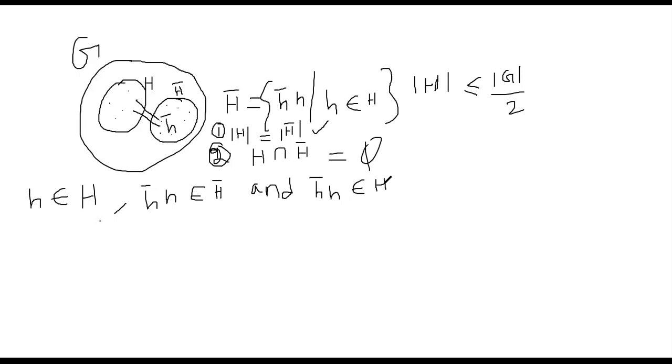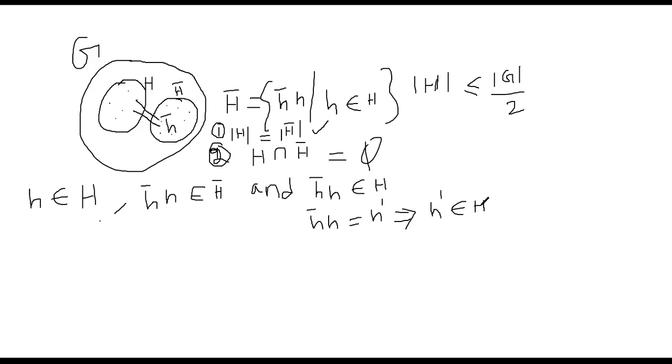Okay, let's think about it. We know that H bar times h belongs to H for some h. Let me call that H bar times h as h prime, just to make the notation easier. And of course, since the left-hand side is part of H, the right-hand side must also be part of H. This implies H bar is an element in H. Okay, and what are we going to do next?